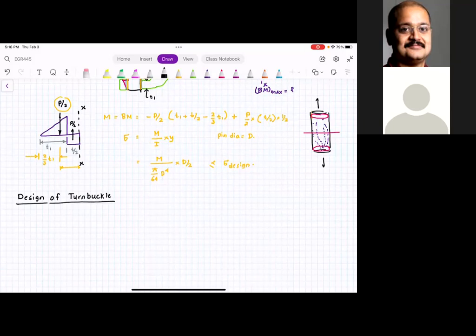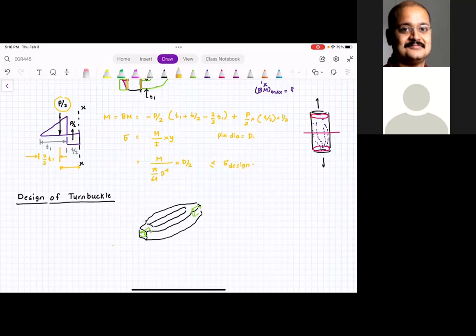Now, have you seen a turnbuckle? A turnbuckle is something like this. You have clockwise threads on one side, and you have counterclockwise threads on the other side.